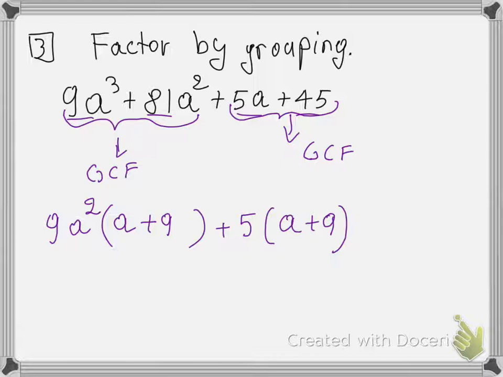All right, we're noticing here that we have two terms: term 1 plus the next term. And in each of these terms, notice that a plus 9 is a factor. So we pull that out.